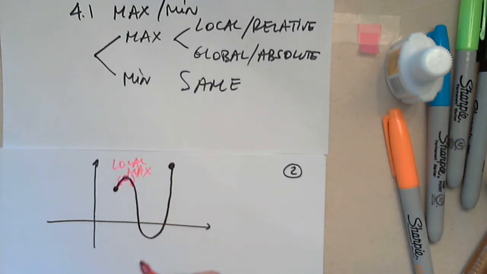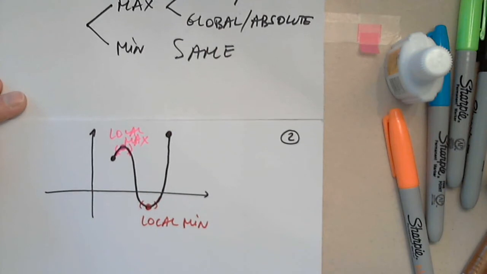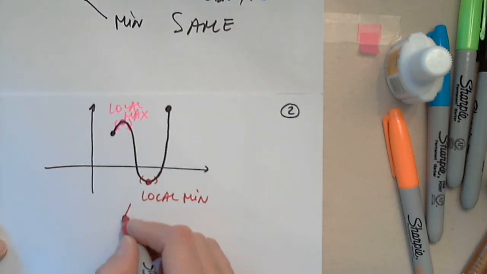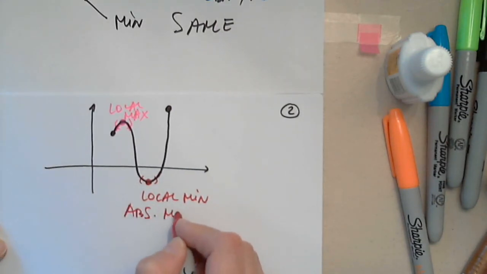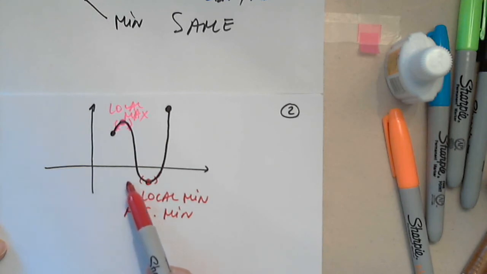Identical with this, that situation is also this. It is a local min because I can show the open interval where both sides of that point have function values bigger than this one. It happens that this point is also an absolute minimum because there is no other y value smaller than it.